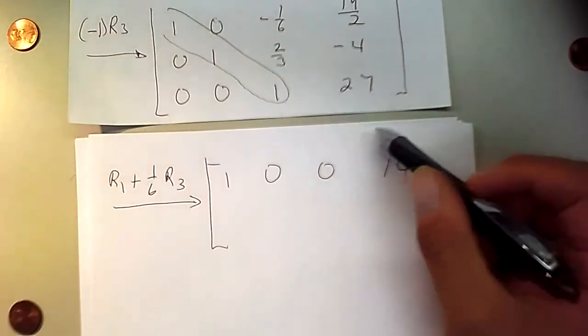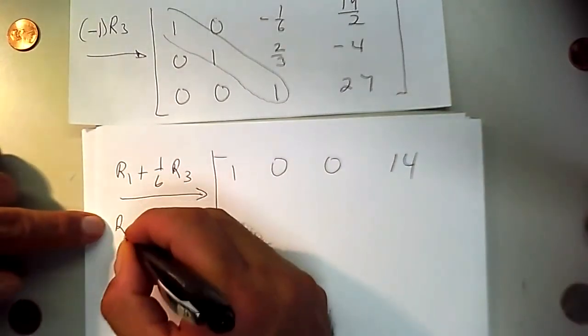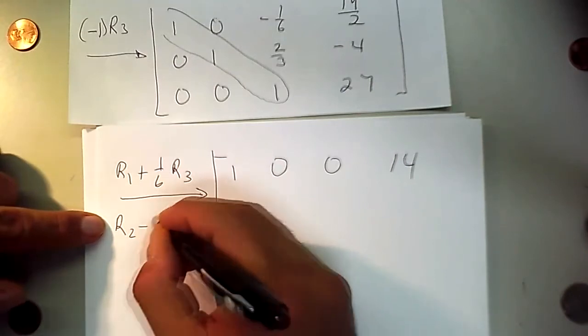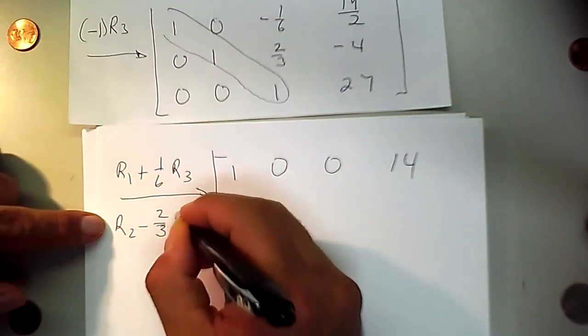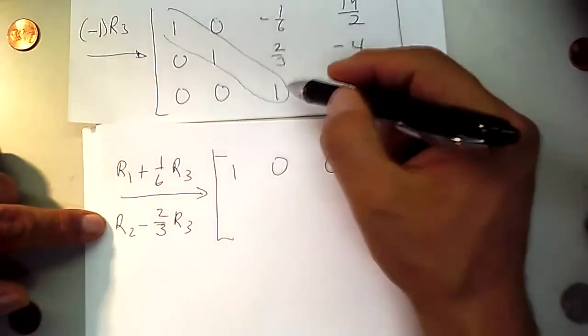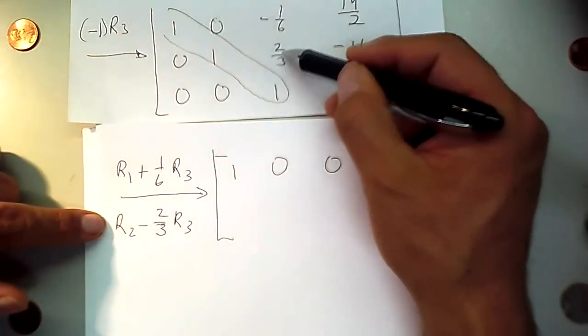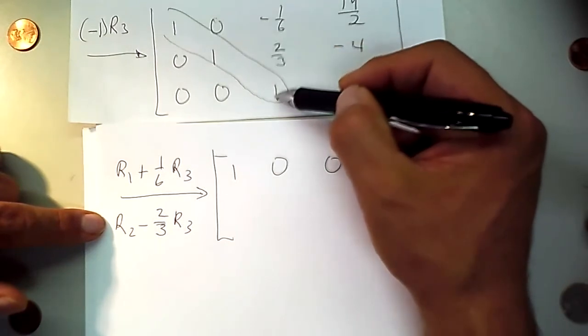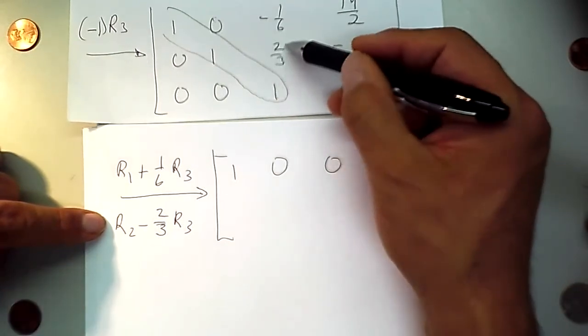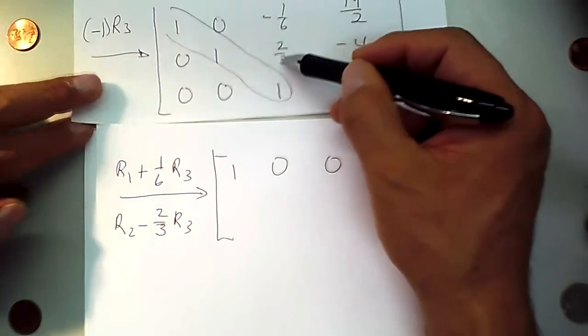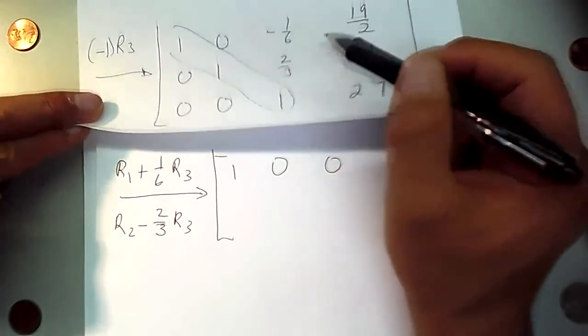Then we do R2 minus 2/3 R3. See, the advantage of having 1 is that you don't have to think too hard what to subtract, how much to multiply this to then subtract to get a 0 there, because all you have to do is multiply by 2/3.